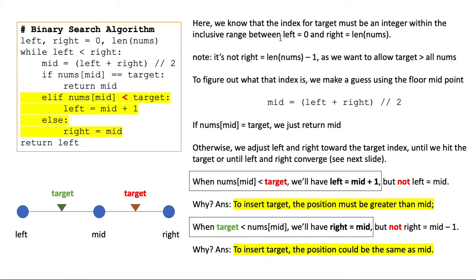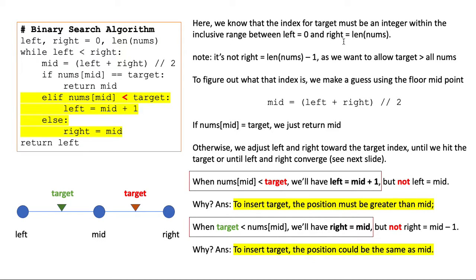Here, we know that the index for target must be an integer within the inclusive range between 0 and the length of the nums array. Note that we want to allow the situation where a target is larger than all the numbers in the nums array.